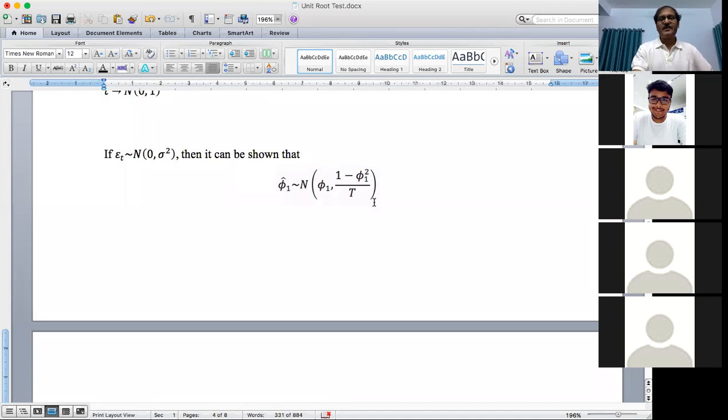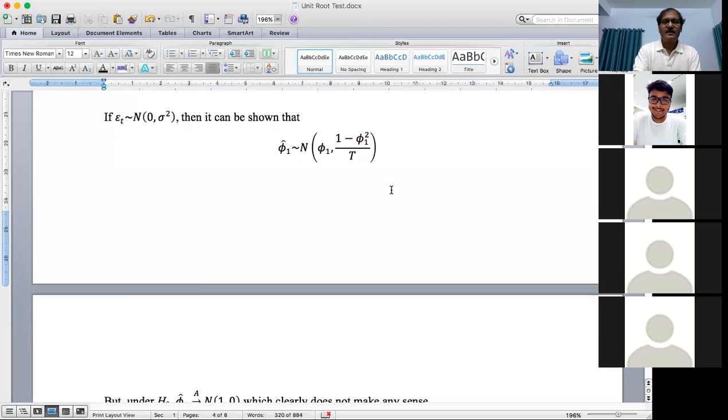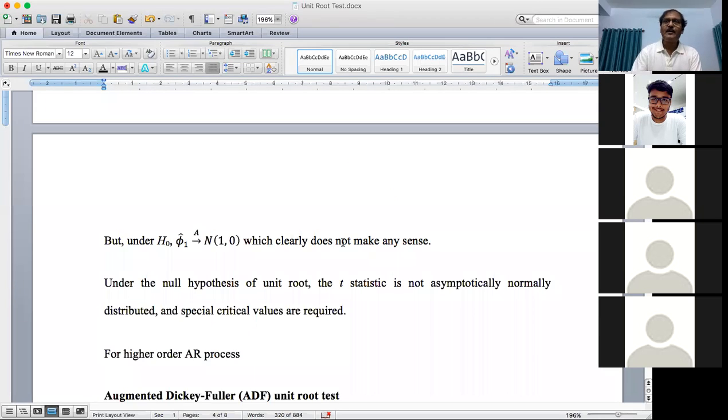So after substituting phi 1 equal to 1 under H naught, you will get mean equal to 1, variance equal to 0. If a distribution has 0 variance, it has no meaningful interpretation at all. For that reason, we cannot use the conventional t distribution in the Dickey-Fuller unit root test. You have to keep in mind, we cannot use the t distribution in the Dickey-Fuller testing.